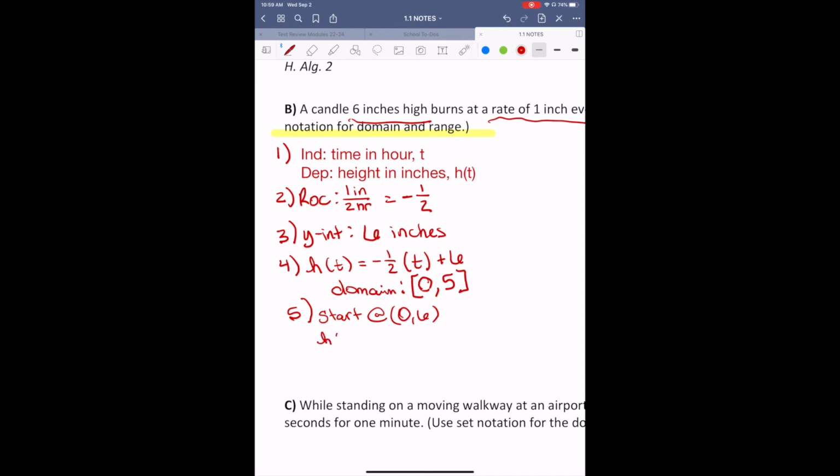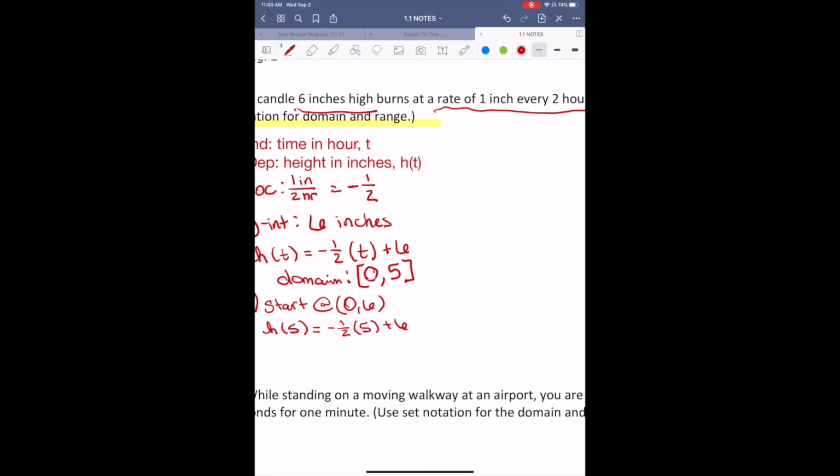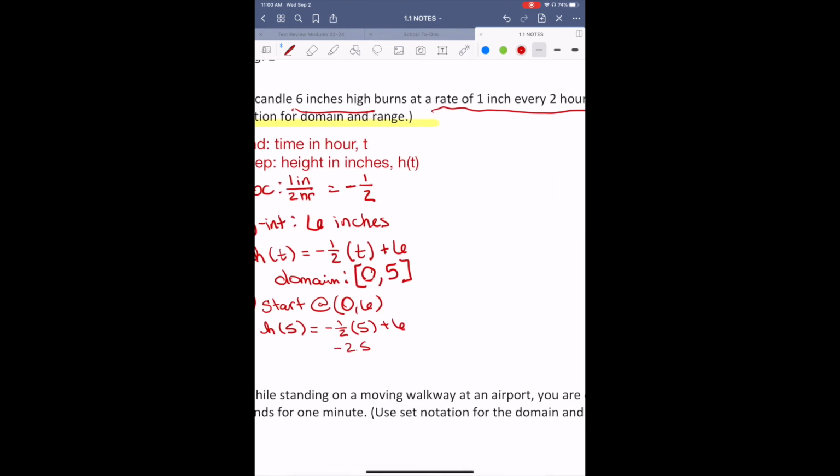It ends at 5 hours, so this is when we would go in and substitute in for the function. So 5, negative 1/2 times 5 plus 6. Negative 1/2 times 5 is negative 2.5 plus 6 gives us an ending value of 3.5. So at 5 hours, we are at a height of 3.5 inches.